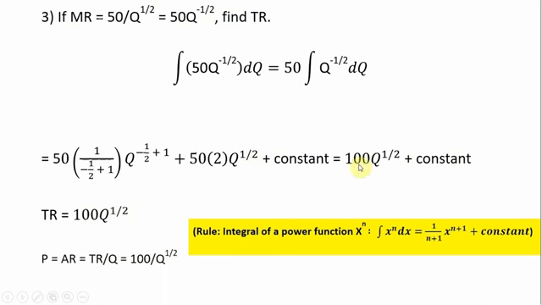So simplifying, we get total revenue of 100 times the square root of q plus a constant. And like I said before, when q is 0, the total revenue is 0, so the constant is 0, so I'm not writing that. We get a total revenue given by this equation. If we wanted to recover the inverse demand or price equation, just divide total revenue by q, and you'd get 100 divided by the square root of q.